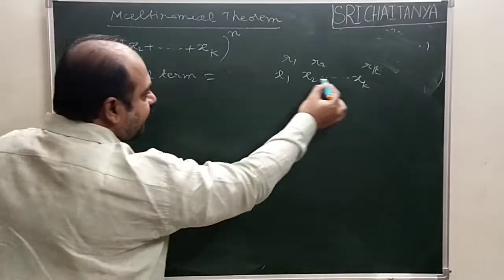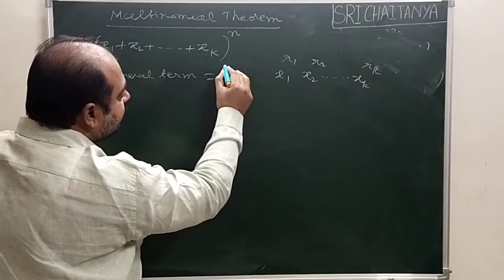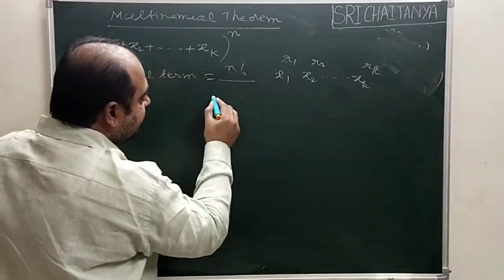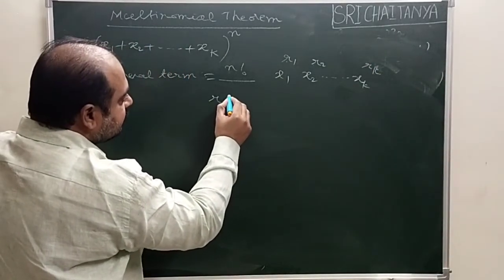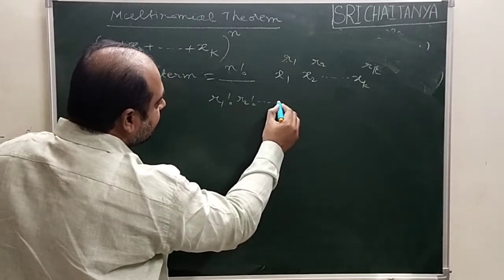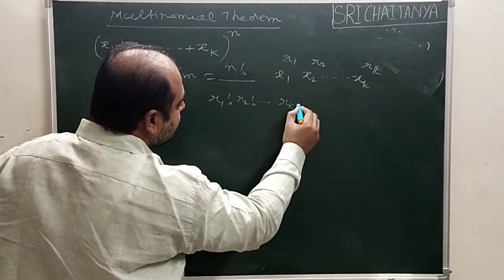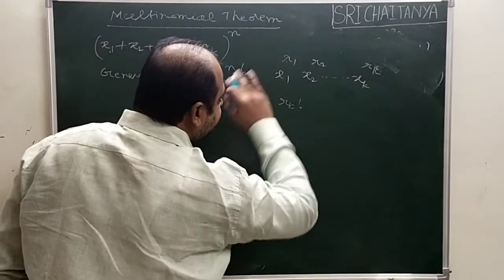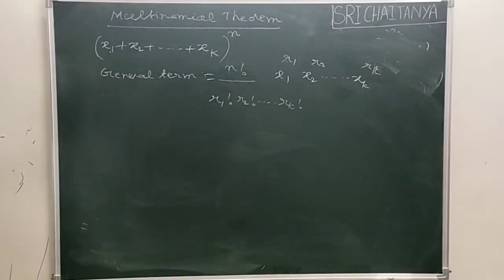Then before this product you write n factorial divided by r1 factorial, r2 factorial, and so on up to rk factorial. You will see the proof in permutations. Any term in this expansion will be like this.